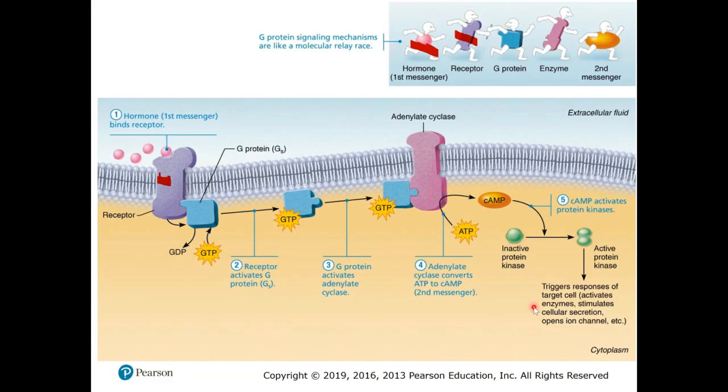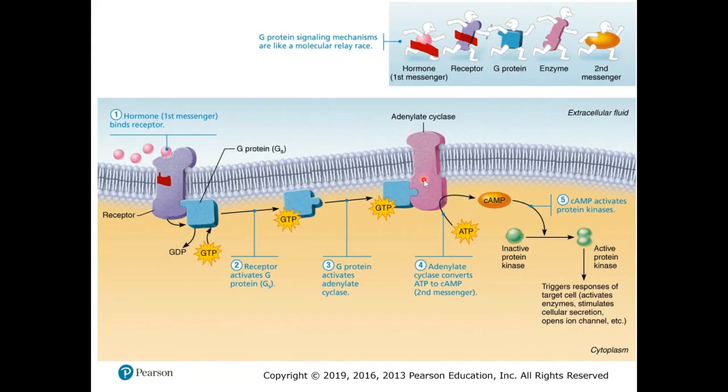Now, one of the beauties of this system is that it can start a cascade of events that can be amplified. So let's start off with one hormone in its one receptor site, which is going to activate one G protein, which then is going to activate one adenylate cyclase.